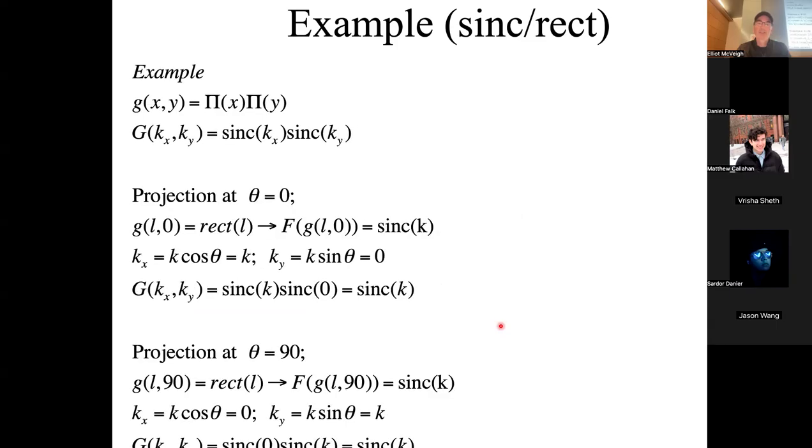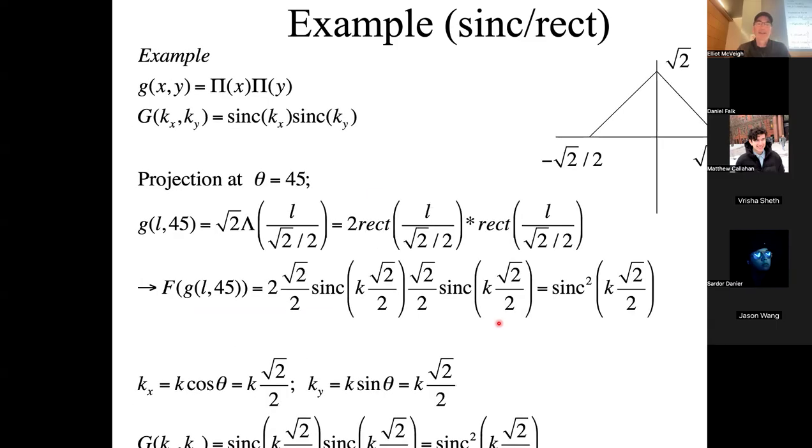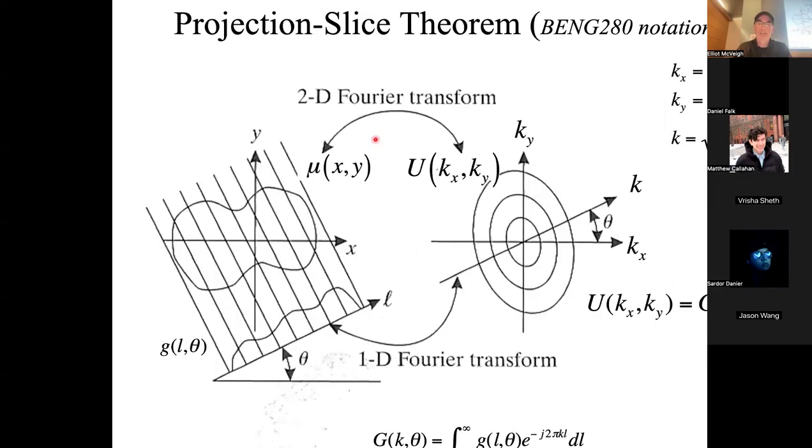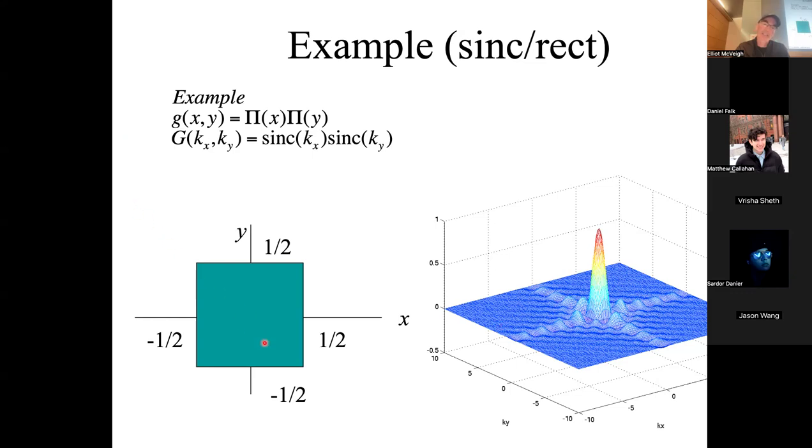Now, there's another example where we angle our projection at 45 degrees of the rect function. Now when we take our integration, if I'm at 45 degrees and I'm projecting down this way, my integration is not going to be a rect function, right?